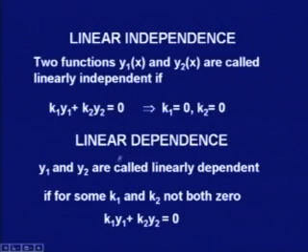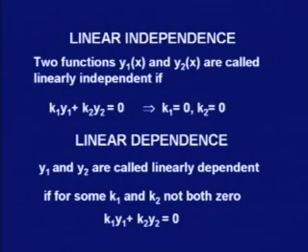But if I take e^x and e^(-x), I will not be able to find any constant other than 0 so that I can make this a 0. So, we have the definition of linear independence and linear dependence.